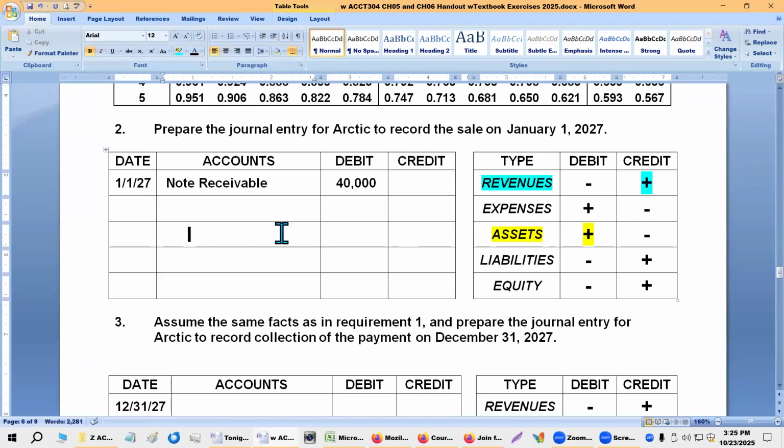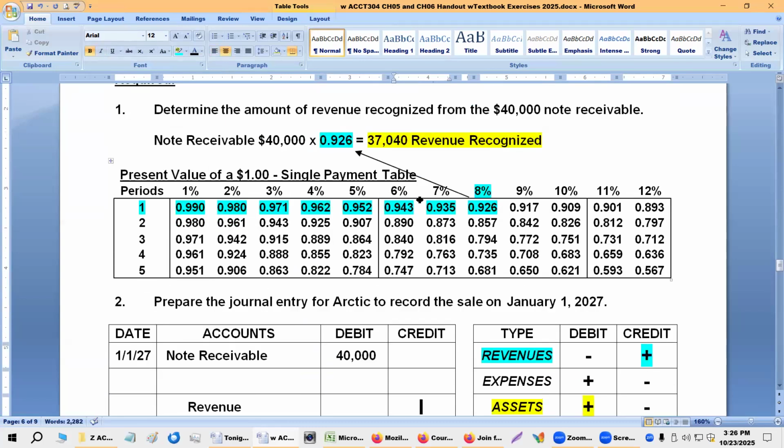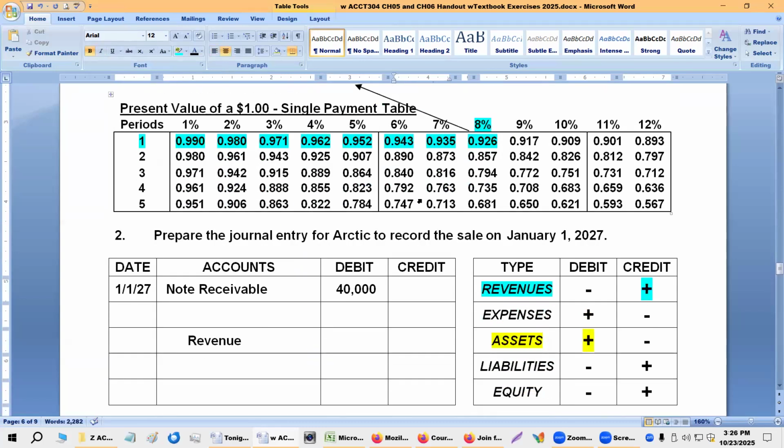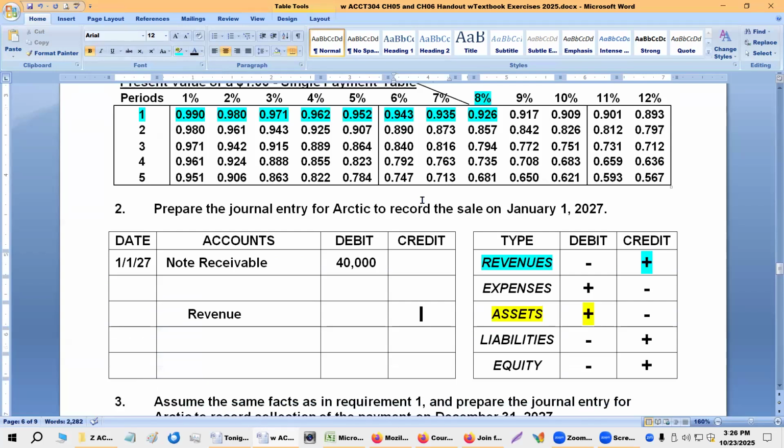All right, so revenue will be 37,040. Receivable, an asset.